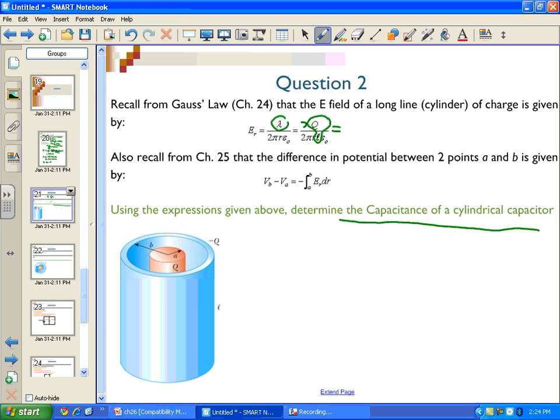If we multiply numerator by 2 and denominator by 2, we end up with 4 pi epsilon naught in the denominator.